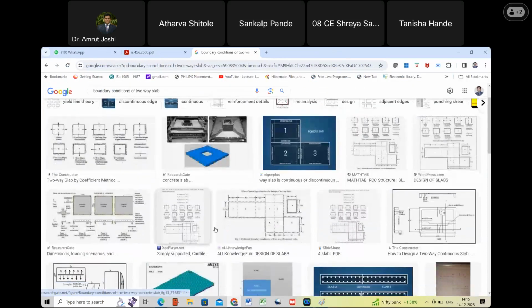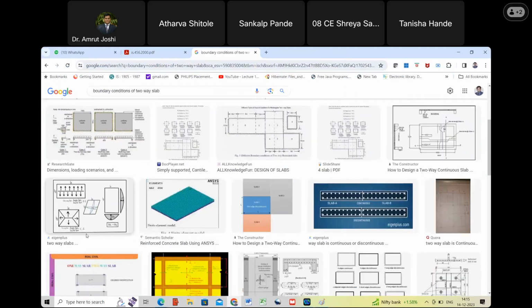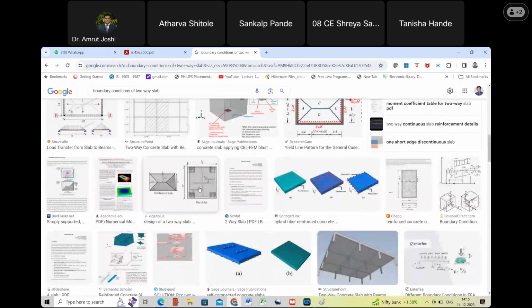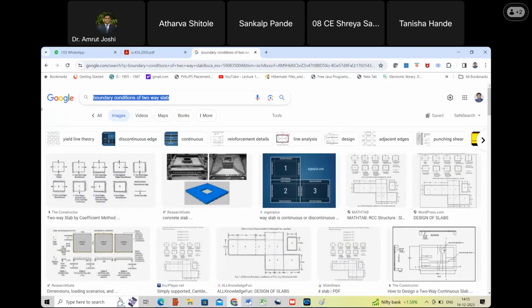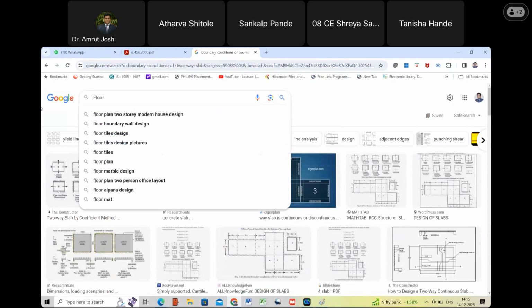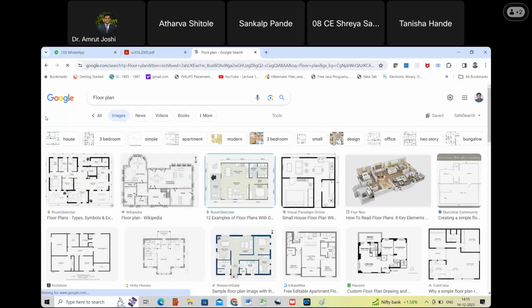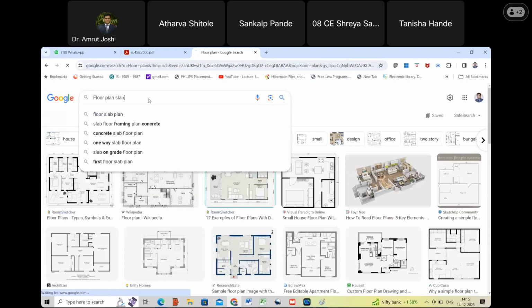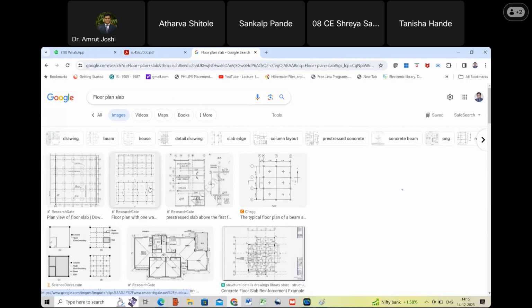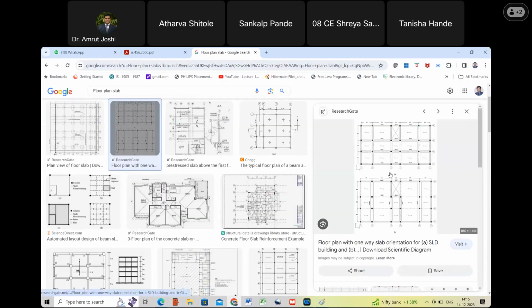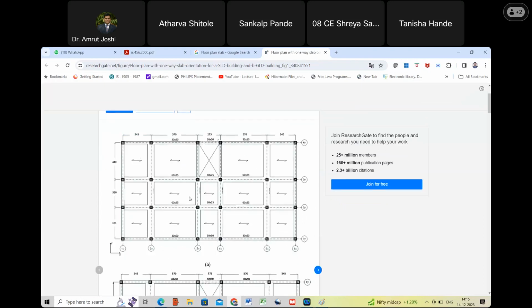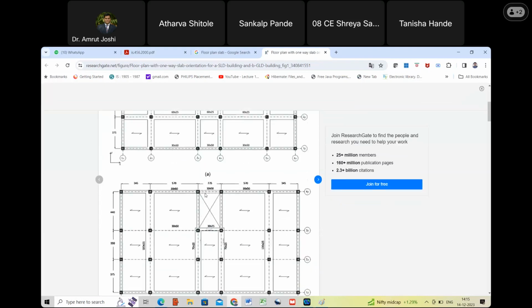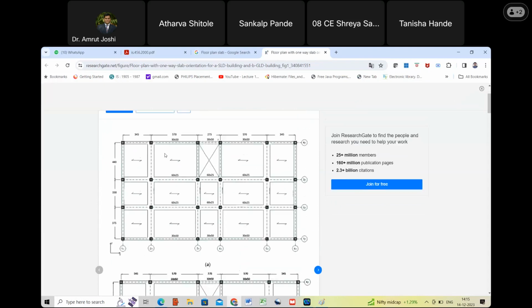So let us consider. Do we have a plan here? Let me consider the floor plan. So consider this floor plan. Are you able to see the floor plan? Yes, sir. Now forget about what these lines are marked here, but let us consider this slab.